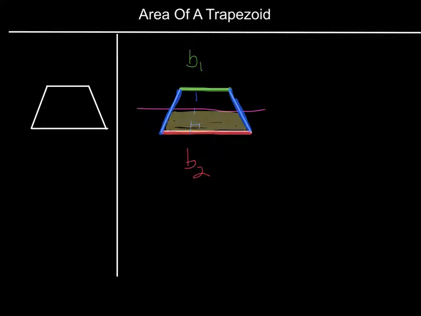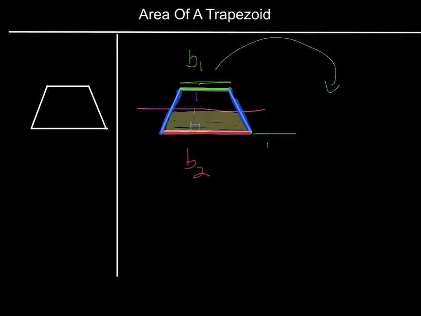So what I'm going to do is take this trapezoid on top here, and I'm going to rotate it and flip it so that it fits right next to this other trapezoid that I already have on the bottom. So I'm going to take this green part here and flip it over to the bottom, so the green is going to be down there. So I take this and I flip it around. This line here is going to be flipped down to the bottom here.